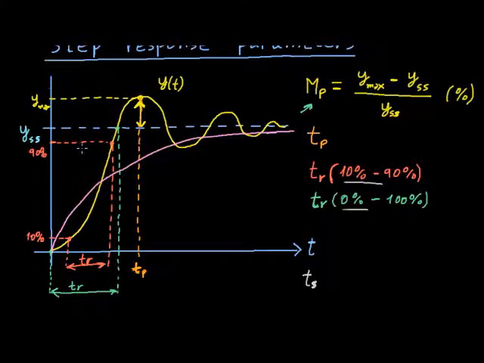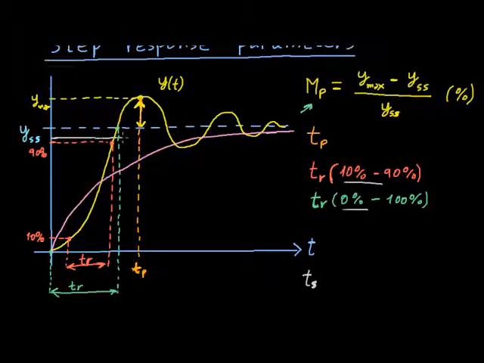The settling time is the time it takes the output of the system to enter certain bands around the final value.